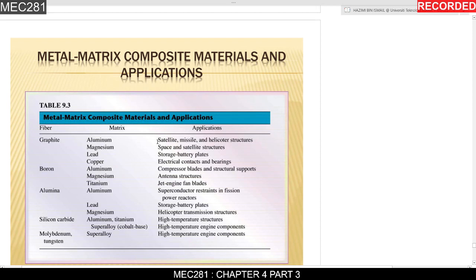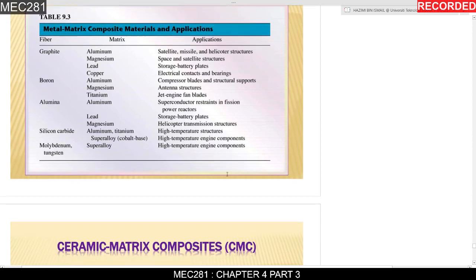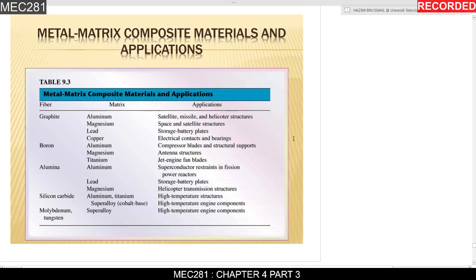The application is used in the satellite, missile, and helicopter structures, and so on. Okay, so these things you should not memorize lah, but you have to know the common combination of fiber and matrix that can form the metal matrix composite MMC.